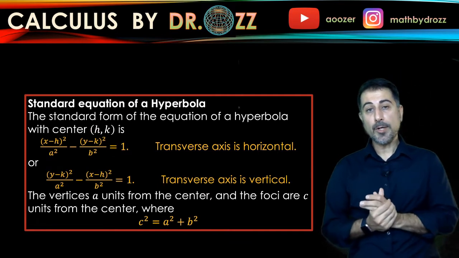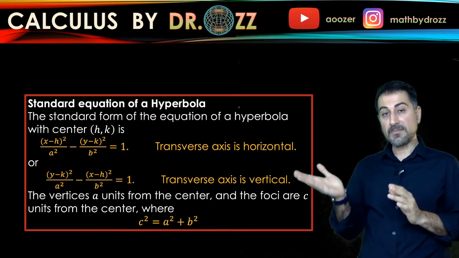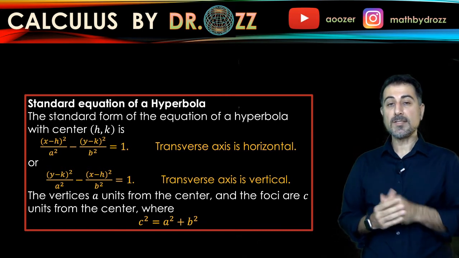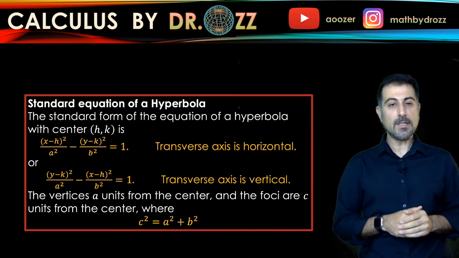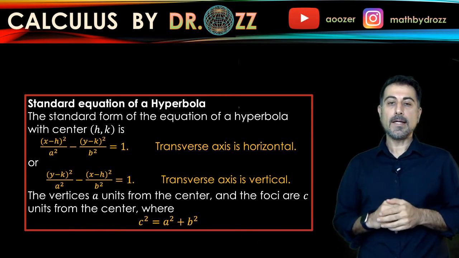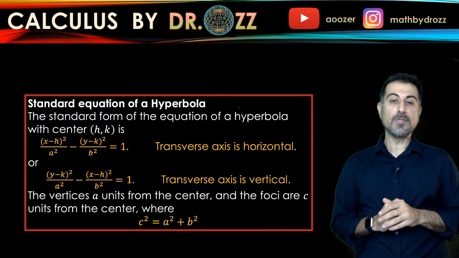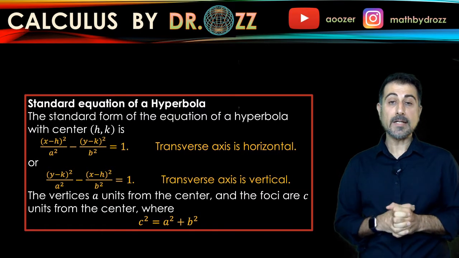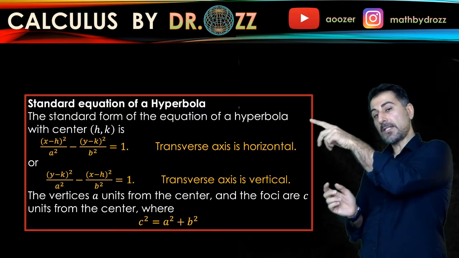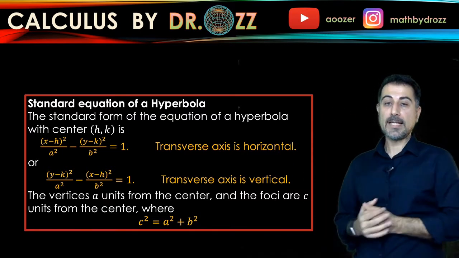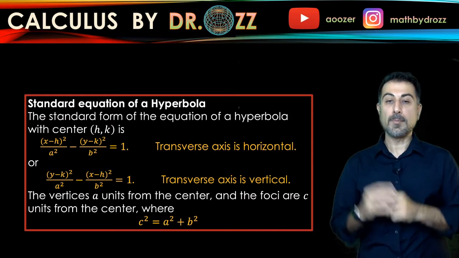So the standard equation of the hyperbola, you have two different kinds, in fact. In one case, the transverse axis is horizontal, and in the other case it is vertical. You need h and k, which are the coordinates of the center. As you see, x minus h squared and y minus k squared pop up there.